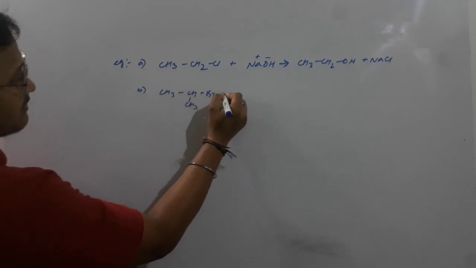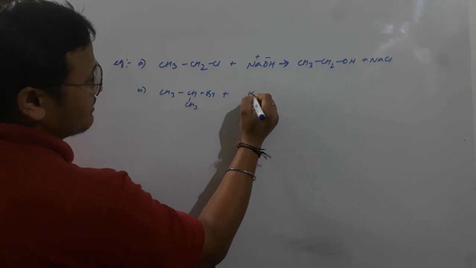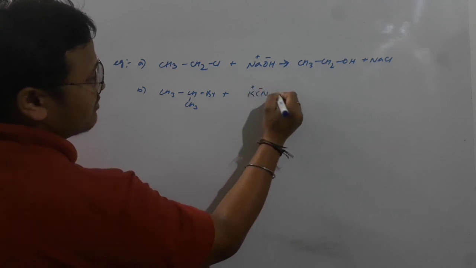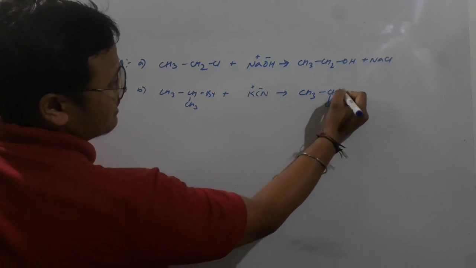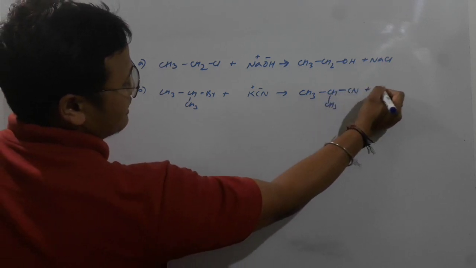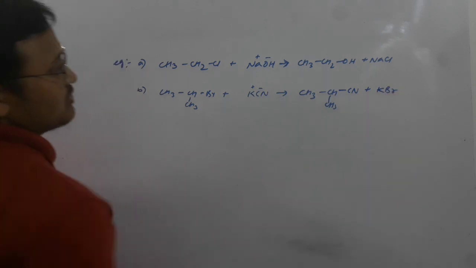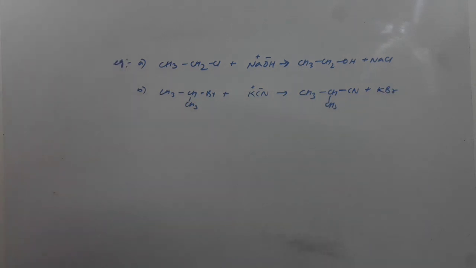Say I am reacting with KCN. Here K is positive, CN will be negative. So in place of the halogen, now the cyano group will be there, CN, and KBr. These are the examples. I have just drawn two examples here. You try to go through these things. I hope you have understood these things very clearly.